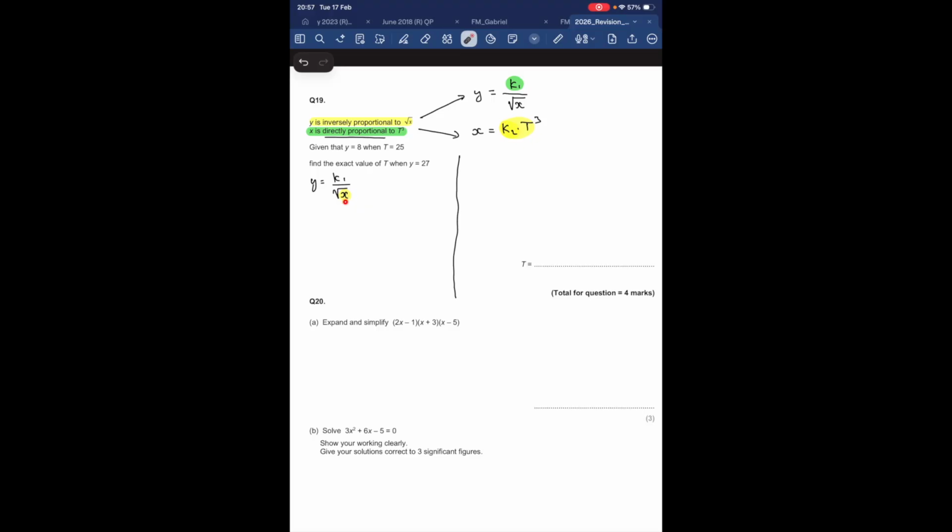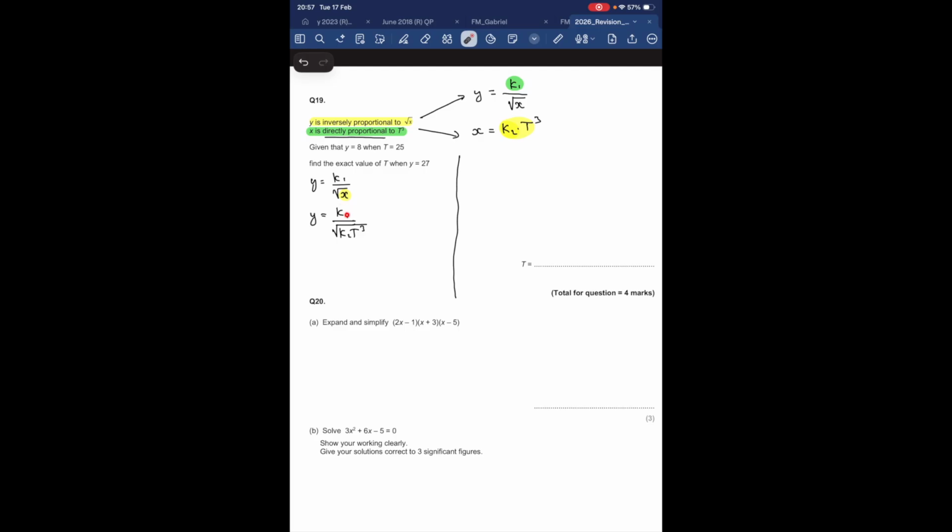So I can replace the x in the square root with k2 times t cubed. So I'm going to end up with something that looks like this. Y equals k1 over the square root of k2 times t cubed. So now I've got an equation here, which is just in terms of y and t. We've gotten rid of the x.